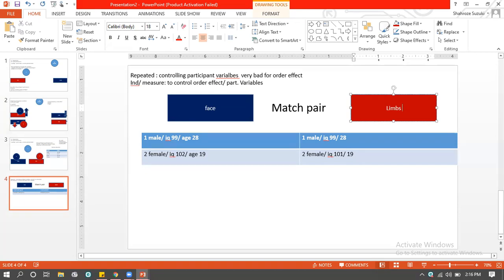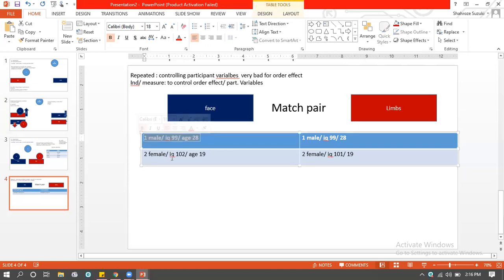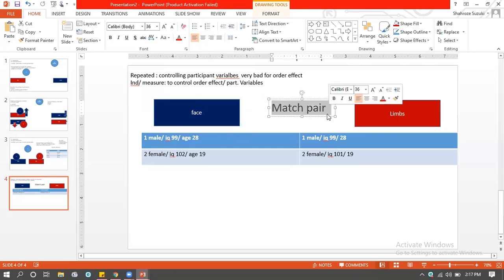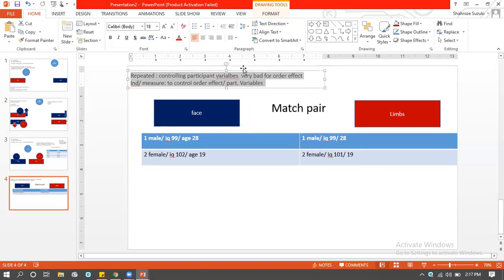So obviously the number of people available for this experiment drastically reduces. Number two, if I try to do the same matched pairing among those people, it will be very, very difficult. The rarer the cases, the more unique the population, the harder it is to match pairs, because from such a population you have to find another person with the exact characteristics, and that doesn't happen. So matched pairs also have issues. It's very, very hard to pull off because not many people are around of the same duplicate quality, but if you do pull it off, it takes care of all the problems that you have in repeated measures and matched pairs. So is that clear?